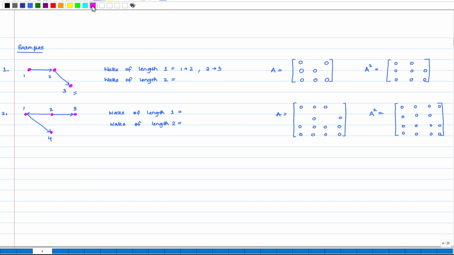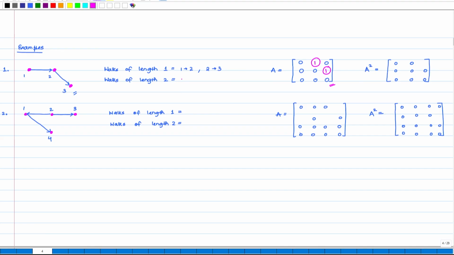Correspondingly, let's look at the adjacency matrix. If we write up the adjacency matrix, we see that there are only 2 entries which are not equal to 0, implying that there are only 2 walks of length 1. Okay. Now, let's look at walks of length 2.